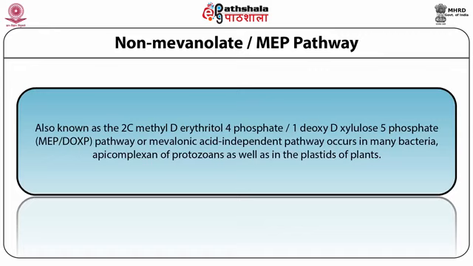But the enzymatic reactions involved in both mevalonate and non-mevalonate pathways for the conversion of acetyl-CoA to isopentenyl pyrophosphate are utterly different.